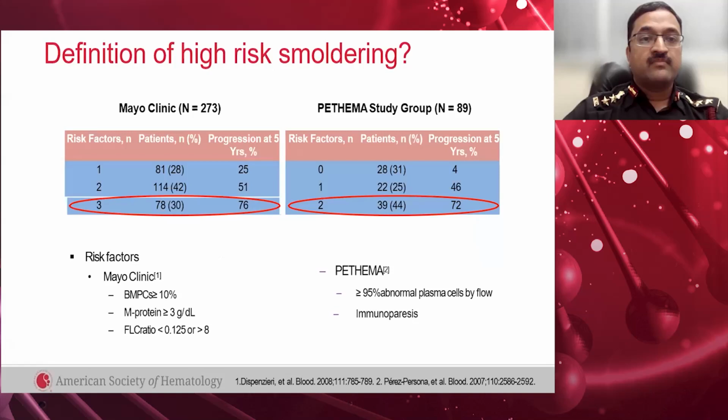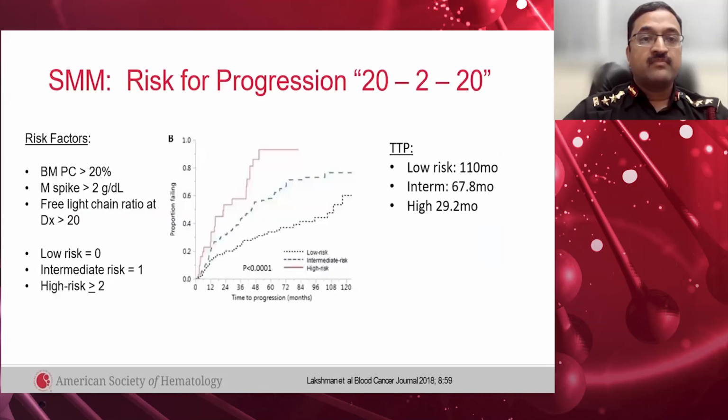People have tried to identify, among the cases of smoldering, those who have a high risk of transformation versus those who have low risk for transformation. And there is a rule known as the 20-20-20 rule, which means plasma cells more than 20%, M spike more than 2, and free light chain ratio more than 20.